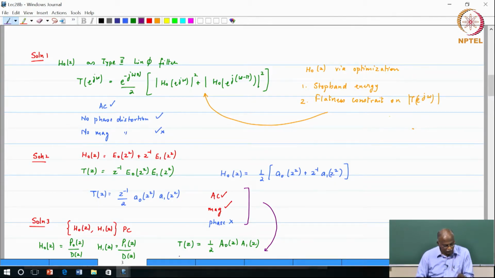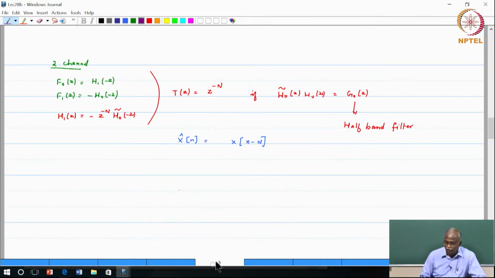Okay, so the same criteria or conditions or observations apply here as well. And so the final step that we took yesterday was the 2-channel case, where we said we will do aliasing cancellation in this manner, and instead of choosing the QMF constraint where H1 of Z is equal to H naught of minus Z, we said we will take its paraconjugate with a delay so that it becomes causal. So it is an alternate to the QMF, right? It is a QMF alternate.